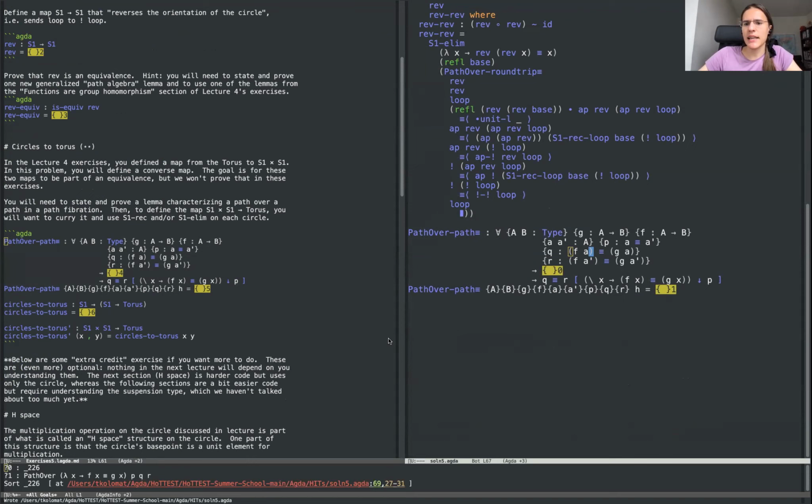So let's say that you're doing a proof. I think that these backslashes are sacrilegious and you should just type lambdas. So the claim is, suppose that you have a proof that f of a equals g of a and f of a prime equals g of a prime.